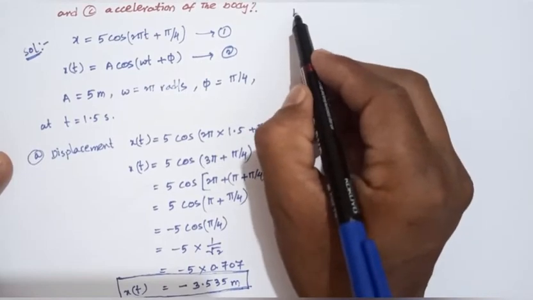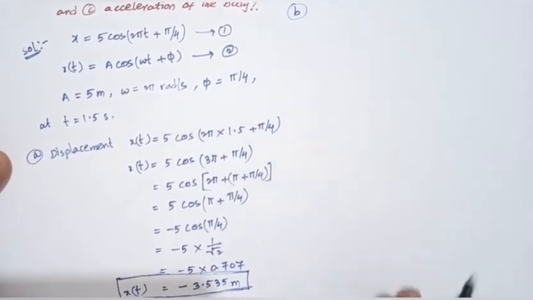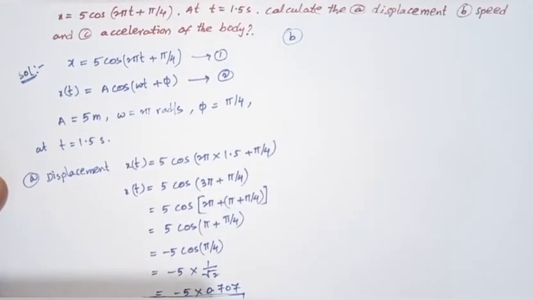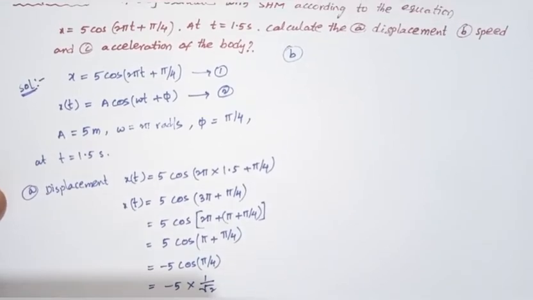Next, B, speed. So what is the equation for the speed?